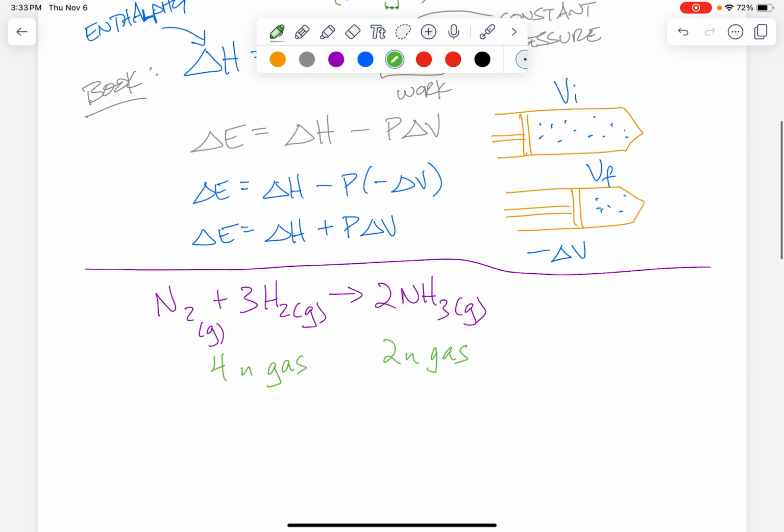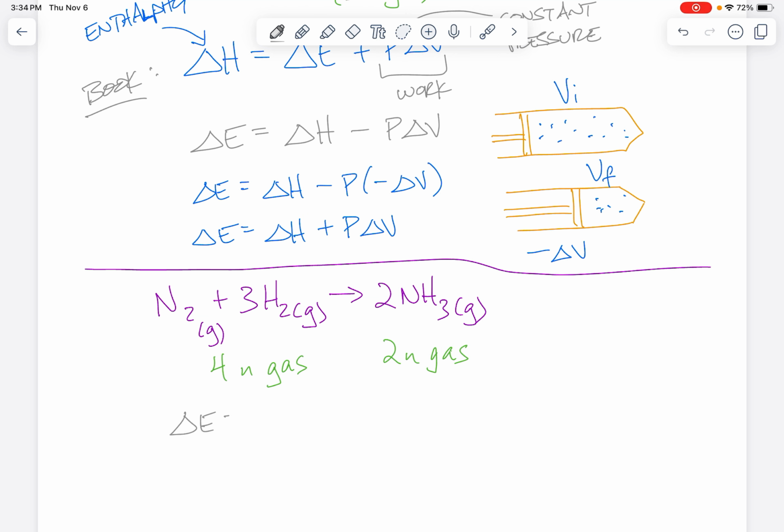So what you could be asked, for instance, would be, is the internal energy equal to the enthalpy? So is delta E equal to delta H? That could be one question you'd be asked. So again, if we have our equation of delta E equals delta H minus P delta V, we see that we have a change in moles, going from 4 moles of gas to 2 moles of gas.